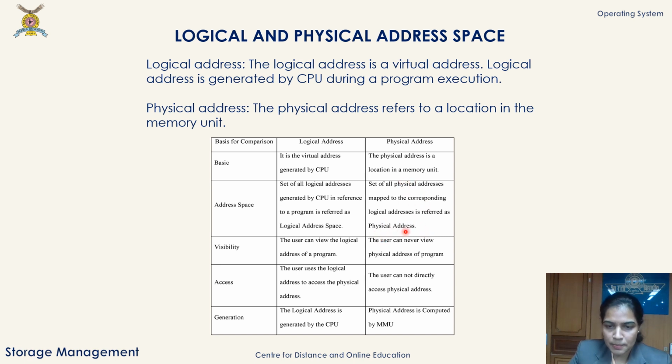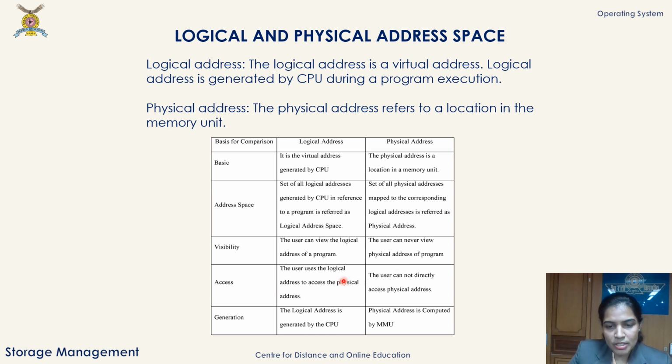physical address space. What about visibility? The user can only view the logical address of the program. But the user will never view the physical address of the program because it is used internally by the operating system. It is never visible to the programmer or the user.